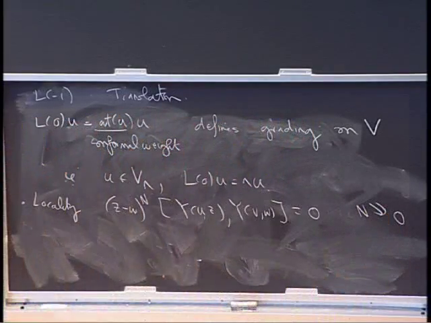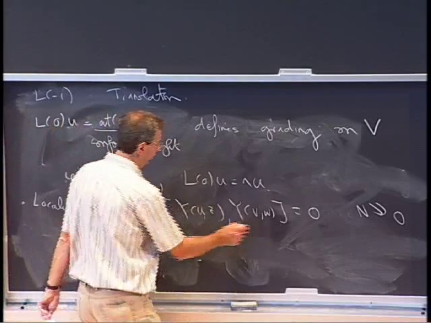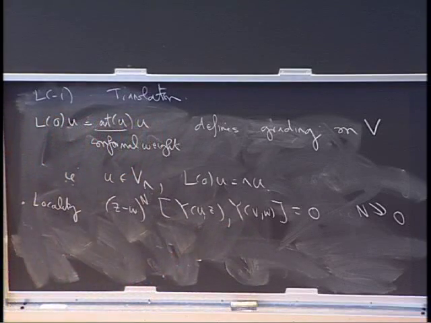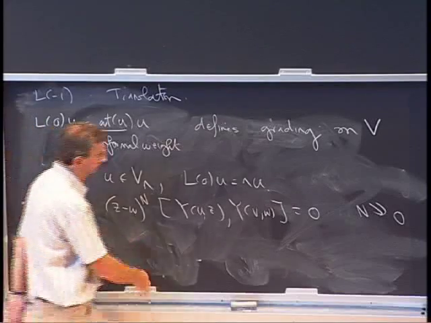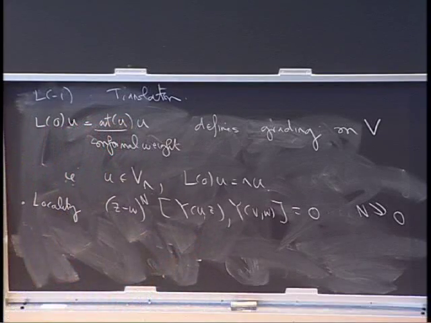For any pair of vectors u and v, if I take the commutator, it will vanish after multiplying by sufficiently high powers of z minus w. Basically, when you take the product of these two, there may be terms in the expansion in z minus w with negative exponents, but there are only finitely many of those. That's what that means.